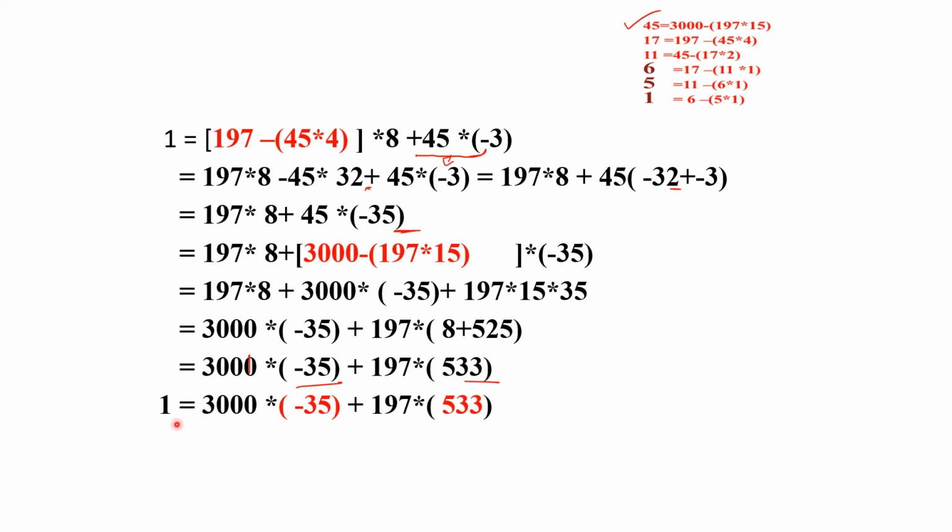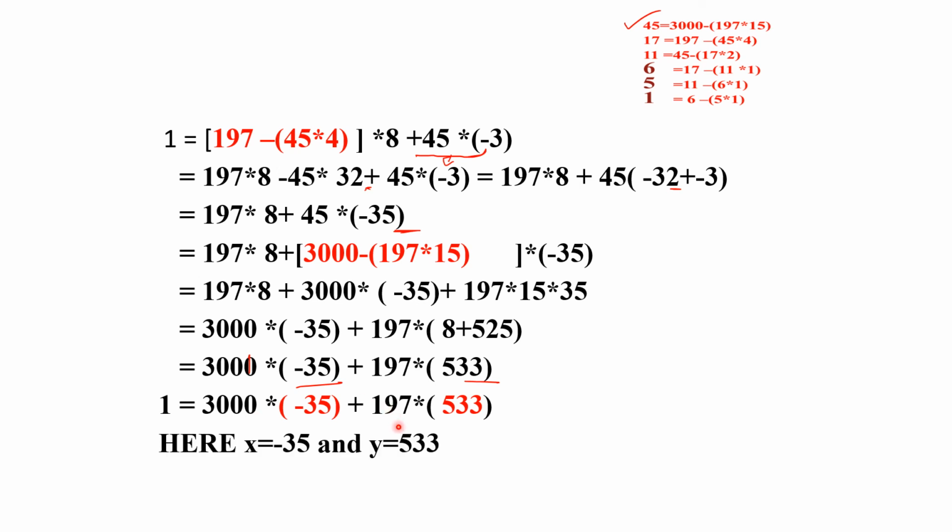Here you can see that 1 should be expressed in terms of 3000 as well as 197. For the numbers 3000 and 197, the greatest common divisor is 1. So the GCD here is expressed in terms of 3000 and 197.